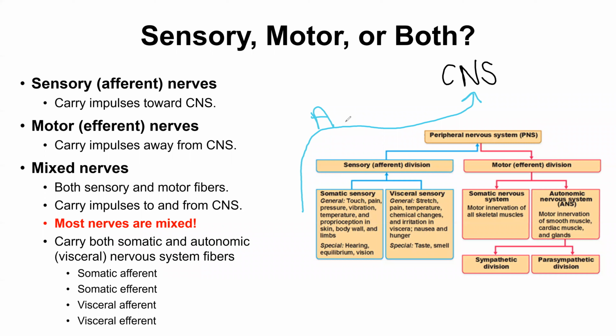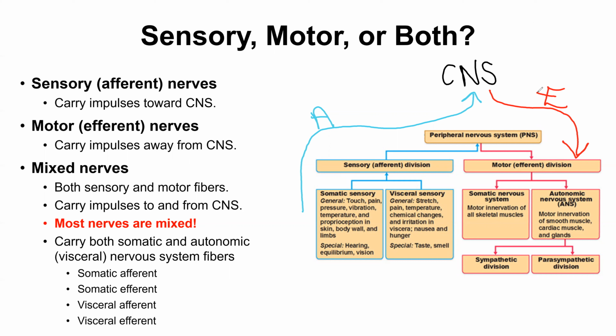All right, and then once the central nervous system processes that information, it will send a signal out, and that outwards signal is called the efferent signal, and that's going to travel along the motor nerves. So we have sensory nerves and we have motor nerves.